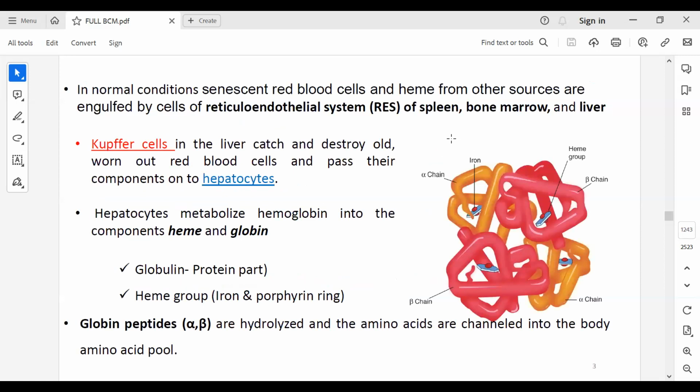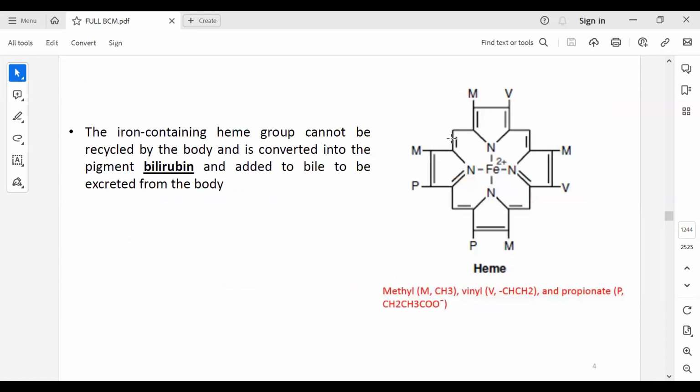Kupffer cells in the liver catch and destroy old and worn out red blood cells and pass their components onto hepatocytes. Then hepatocytes will metabolize the hemoglobin into components heme and globin, and all this will be recycled and reused.